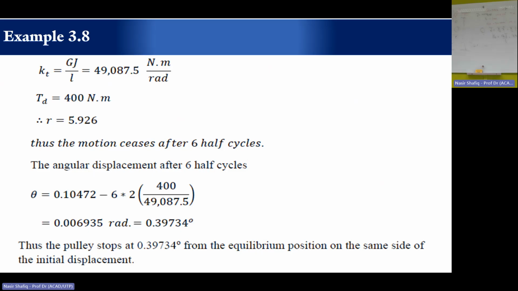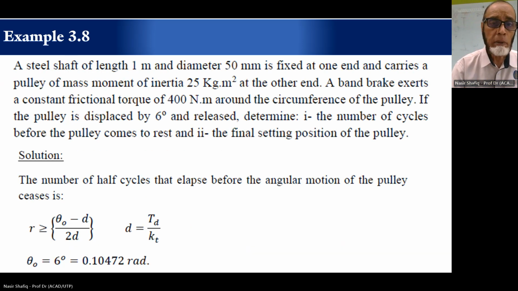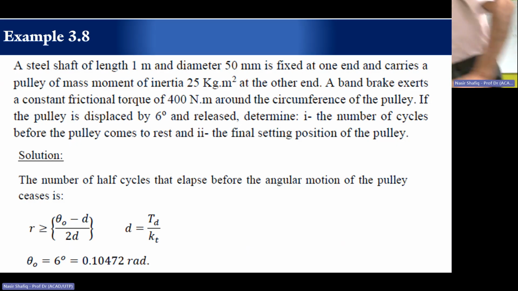R is equal to half motion. I think theta minus theta is equal to, D is equal to TD upon KT, right? So KT we have calculated.